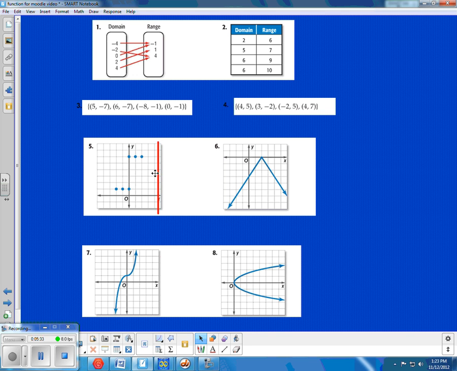Now we'll try number 5. Again, as I drag, if I find this point, so far so good, this point, but look at these two points. See how the red line is crossing at two points? This cannot be a function because we have more than one point hitting our vertical line. So 5 is not a function.